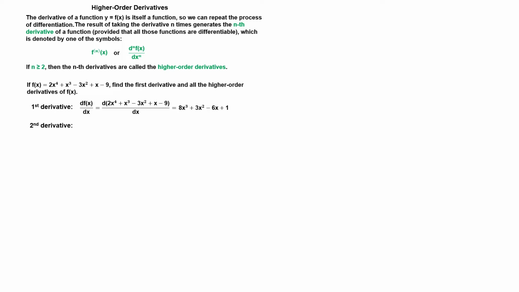The first derivative is a function, so we can differentiate the first derivative to get the second derivative. The second derivative is a function, so we will calculate the third derivative by differentiating the second derivative of the function.